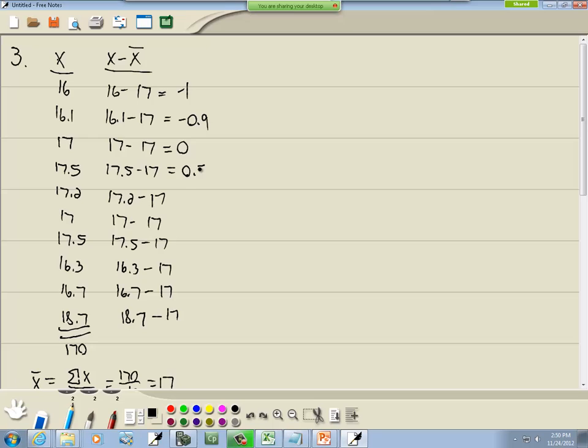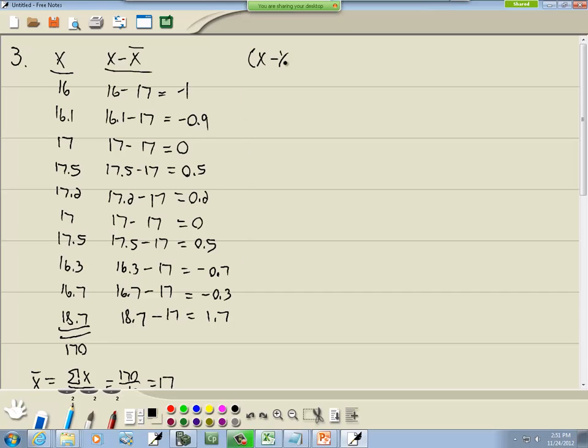This gives us 0.5, 0.2, 0, 0.5, negative 0.7, negative 0.3, and 1.7.